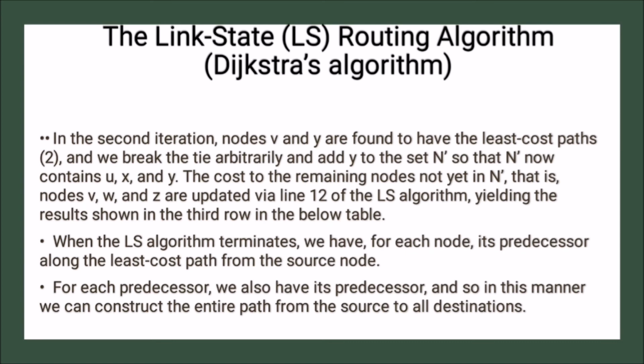In the second iteration, nodes V and Y are found to have the least cost path, which is 2. We break the tie arbitrarily and add Y to the set N', so that N' now contains U, X and Y. The costs to the remaining nodes not yet in N', that is nodes V, W and Z, are updated via line 12 of the LS algorithm.